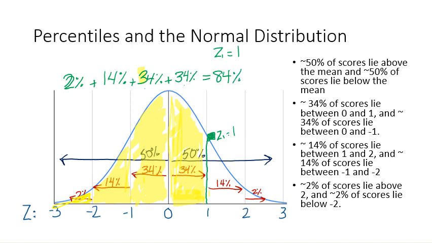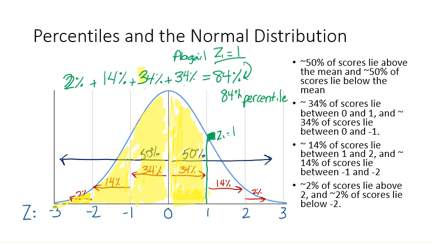So if our person, let's call her Abigail, had a z-score equal to 1, we can say that she had a score that was higher than 84% of the other individuals. We could also say that her score was in the 84th percentile. And we'll define percentile on the next slide.